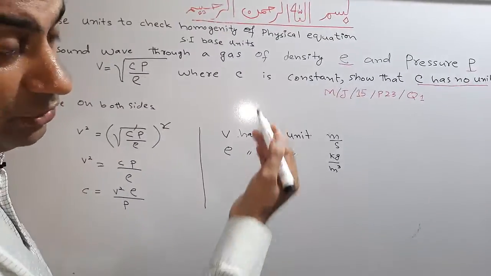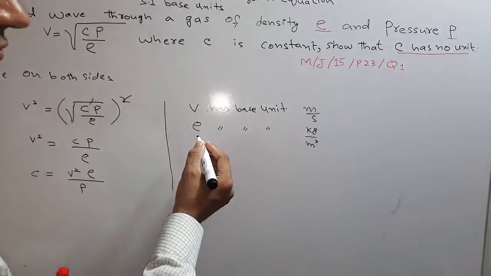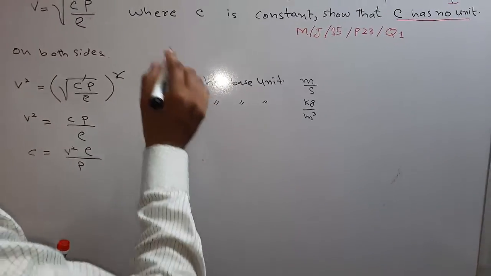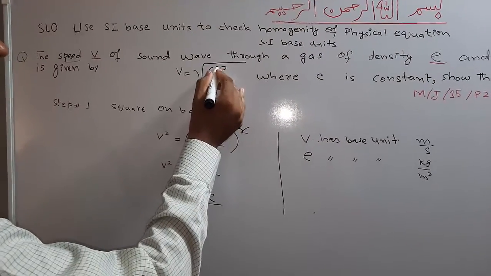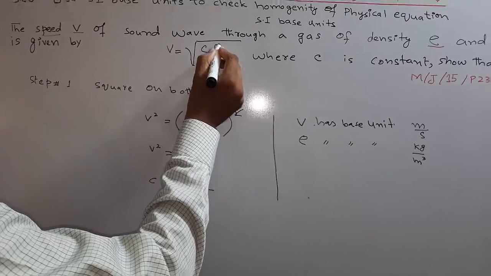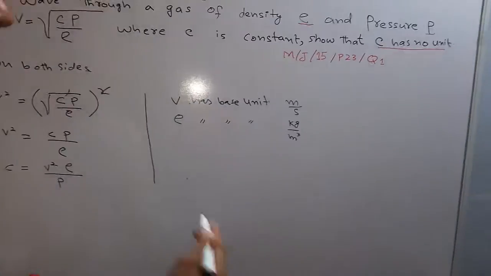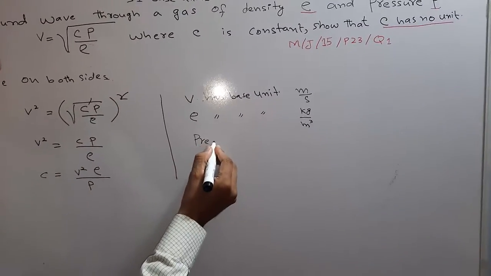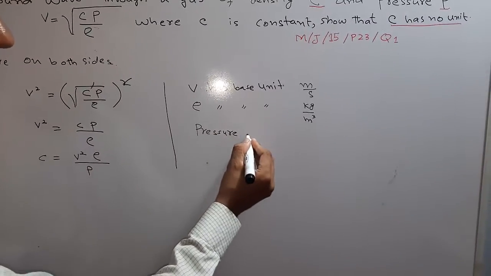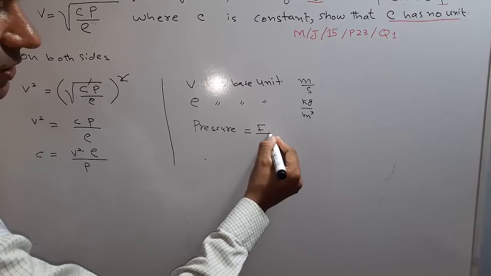Now we are going to move towards P, that is basically pressure. Pressure, we all know, is force exerted per unit area.